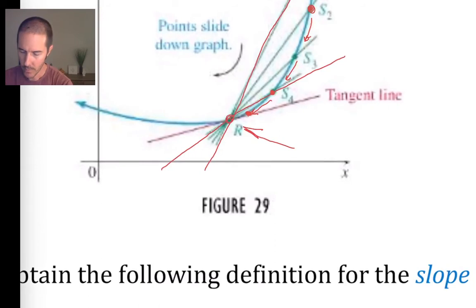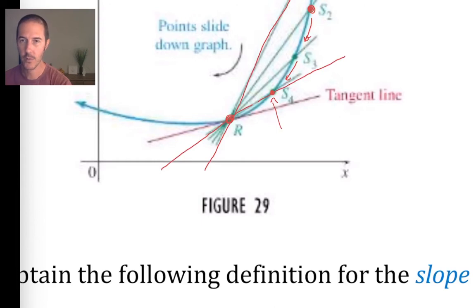Point R has an x-coordinate, and this supplemental point that we've been using, let's use S4, also has an x-coordinate. As we move S4 closer and closer to point R, the difference between the x-coordinates is going to become smaller and smaller.